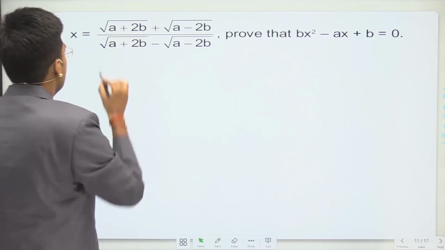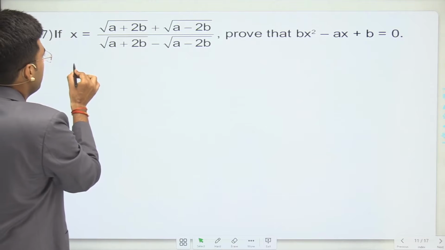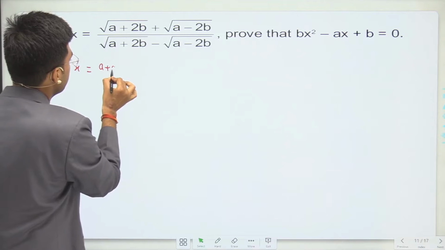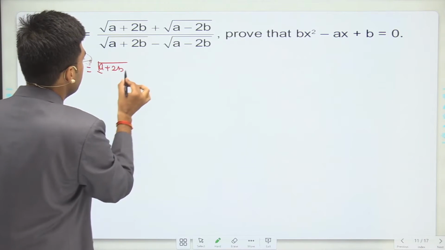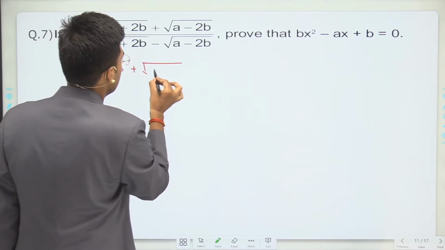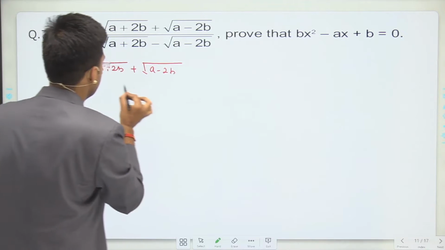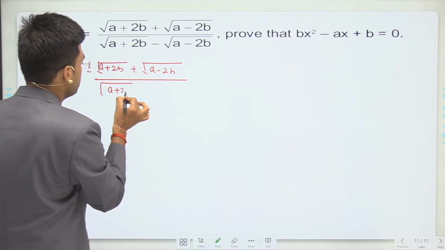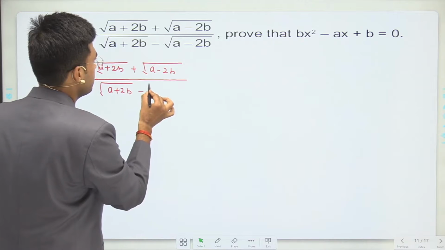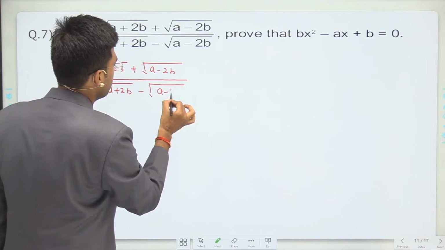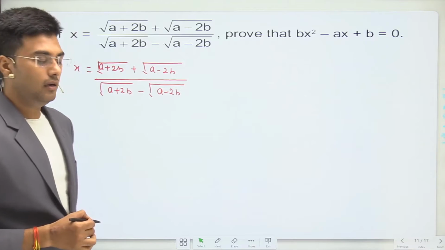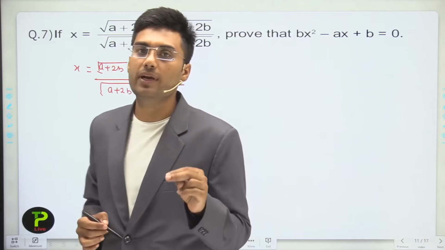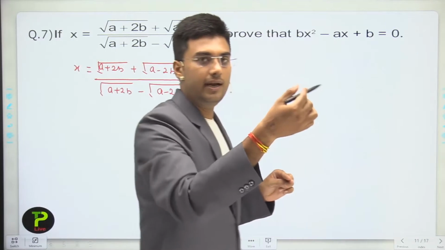Here we have given that x is equal to root a plus 2b plus root a minus 2b divided by root a plus 2b minus root a minus 2b. To rationalize the denominator, we have to multiply the rationalizing factor of the denominator in numerator and denominator.